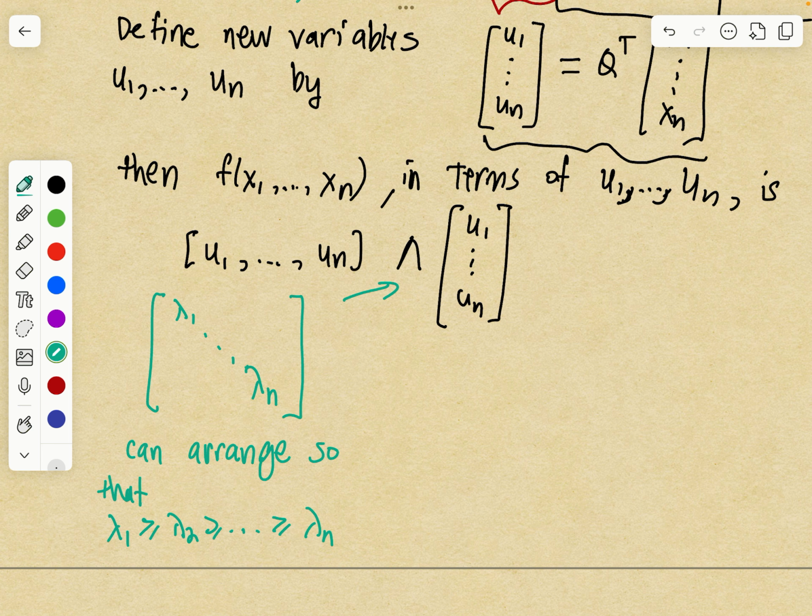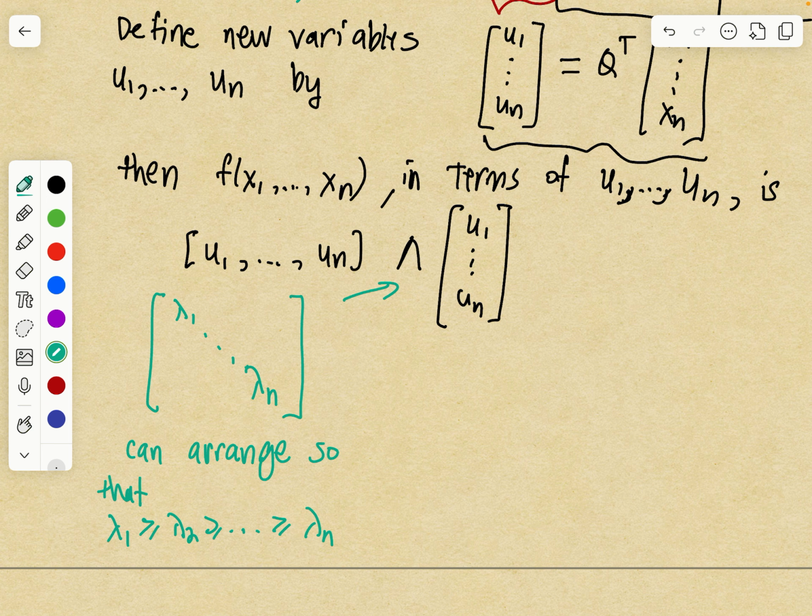In other words, you arrange them from greatest to least. You don't have to, but it's possible to do that, and we're going to do that. When you switch the order in which you write the lambda i's, then you end up switching the order in which you write the columns of Q. You just rearrange those vectors.